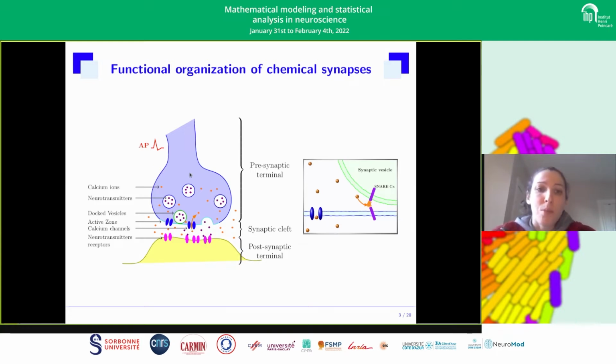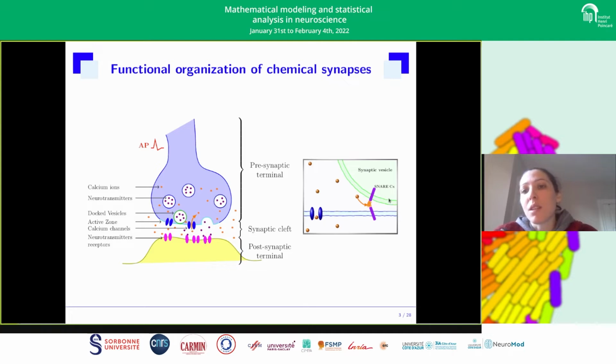Okay, so we wanted to build a model for this and try to understand what could be the parameters triggering such a difference in response to stimulus in short-term plasticity. If you zoom a bit onto the docked vesicle here, what you observe is that these synaptic vesicles are docked, attached to the membrane on this region that we call the active zone, where vesicles have to dock, and you have all the machinery and the proteins necessary for synaptic transmission.